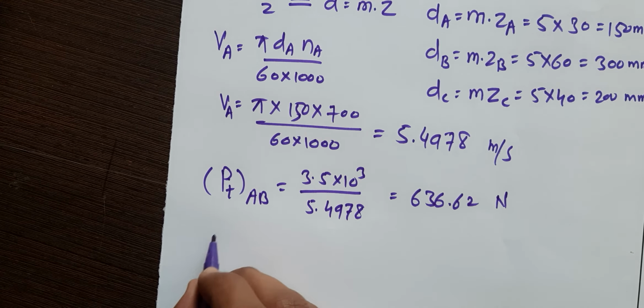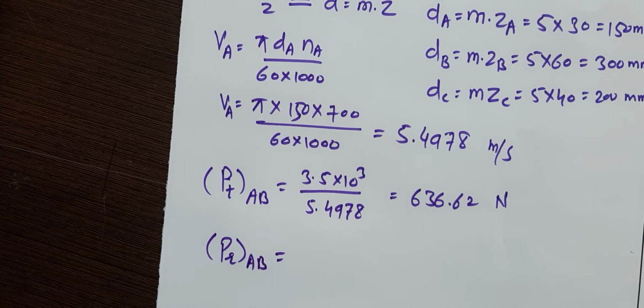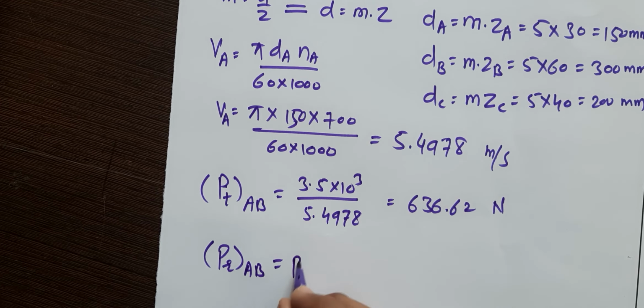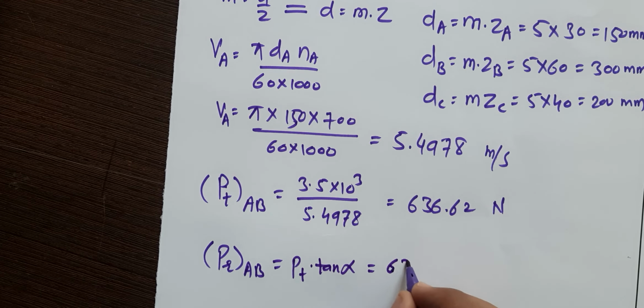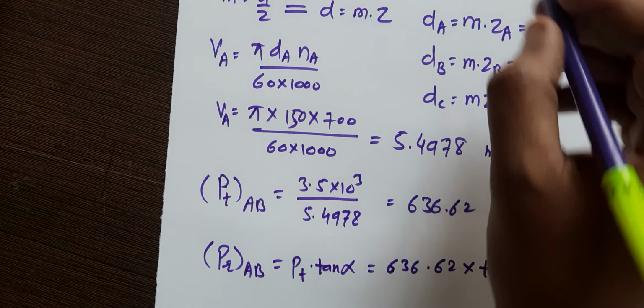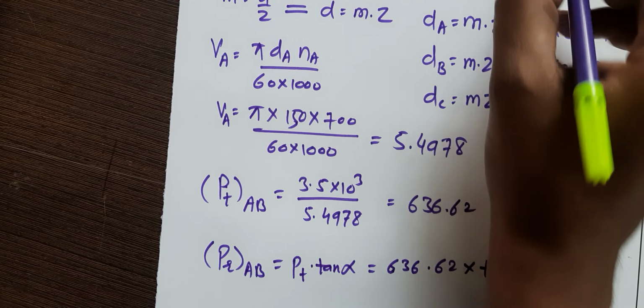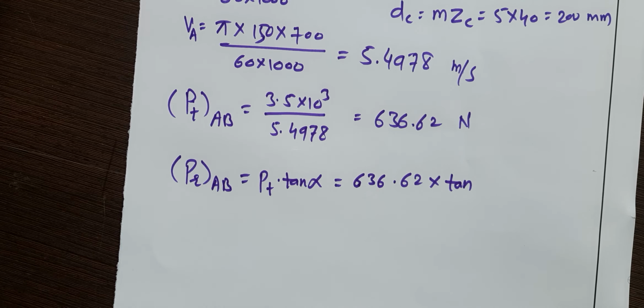After that, we will find the radial component PR between A and B. The radial component is PT into tan of alpha. Here PT is 636.62 into tan of alpha. Alpha is given in the example, I forgot to read that part: assume 20 degree full depth involute system.